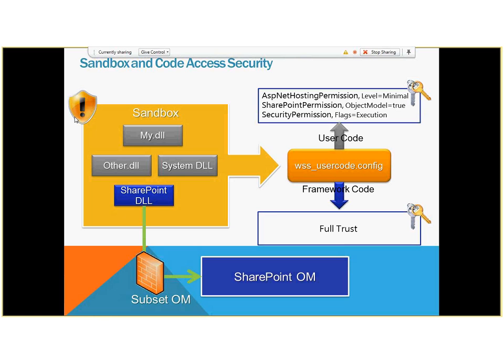The full trust proxy is full trust by default, but we need to make sure the AllowPartiallyTrustedCallers attribute is applied to the full trust objects. And while creating the full trust proxy operations and full trust proxy classes, we need to make sure that the ASP.NET hosting permission level is set to minimum, SharePointPermission is set to true, and SecurityPermission flags is set to execution.